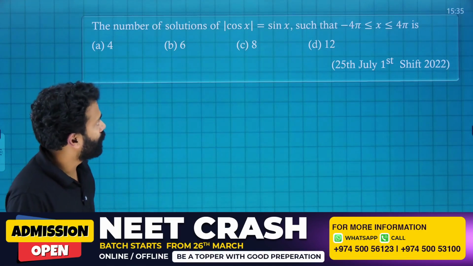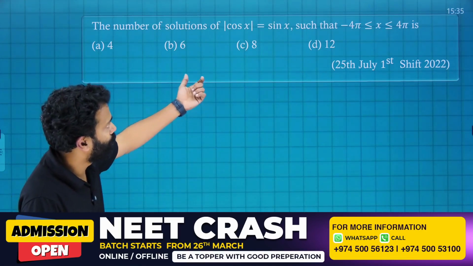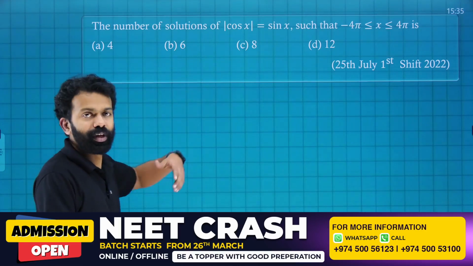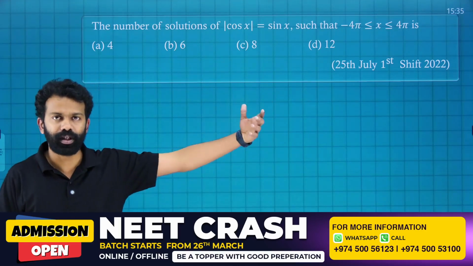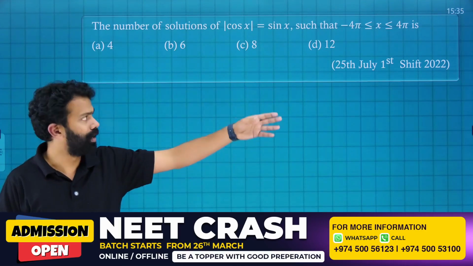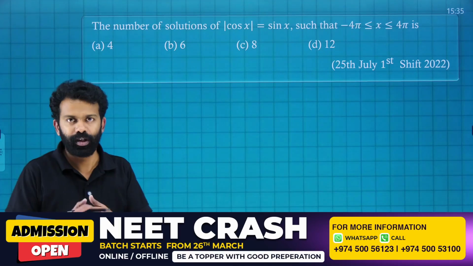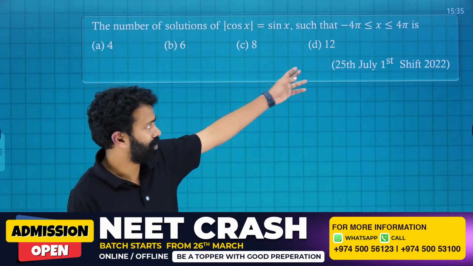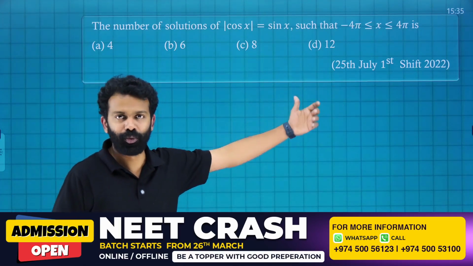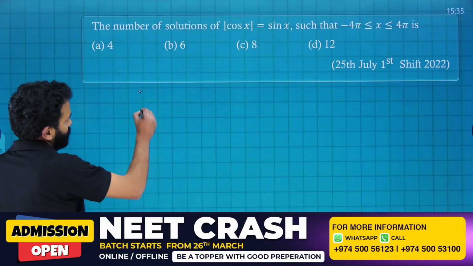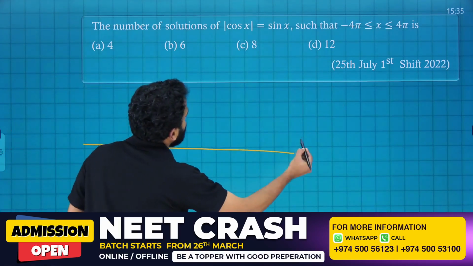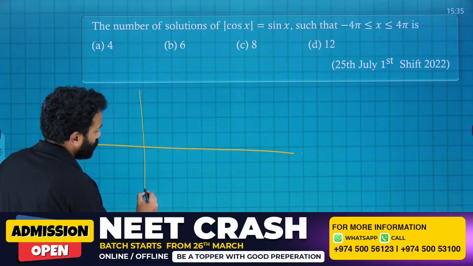We know that they have already equated mod cos x is equal to sin x. For infinite values, mod cos x will be equal to sin x, but as we discussed earlier, they will restrict the corresponding angles in most of the cases. So here they have restricted the angle from minus 4 pi to 4 pi. We can draw the two curves.